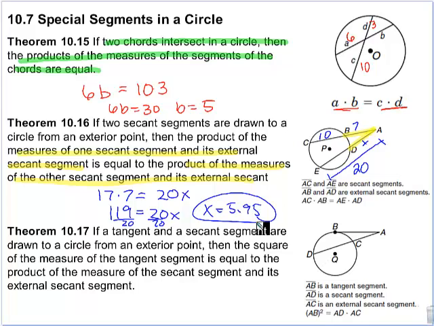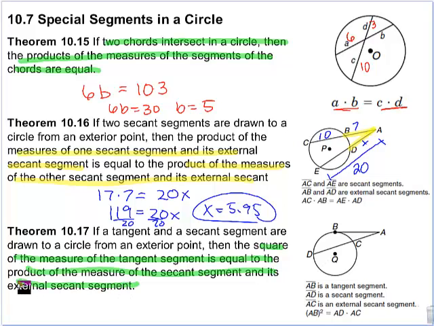Okay, and the third theorem is actually very similar to this, except this time we have a tangent and a secant. So if a tangent and a secant are drawn from a point on the exterior, the square of the measure of the tangent is equal to the product of the secant and its external segment.